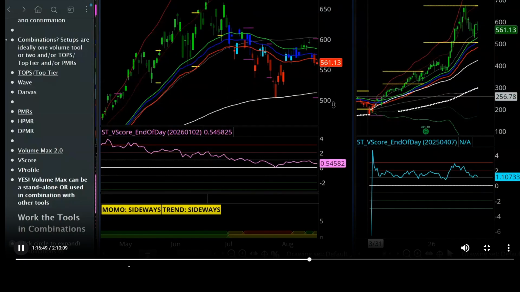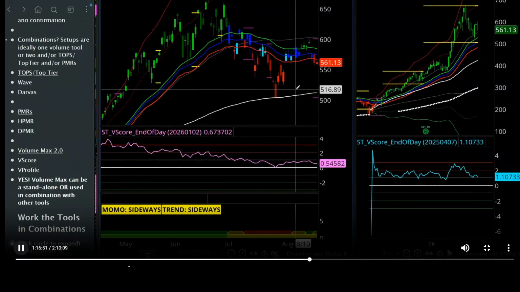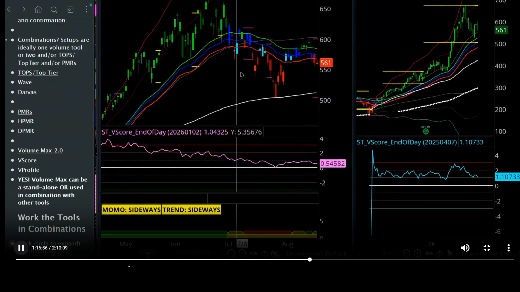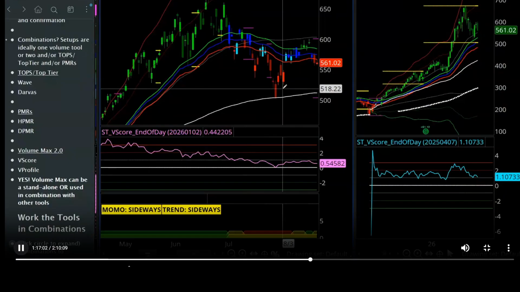One of the easiest ways to destroy your account is just guess at tops and bottoms, right? Just guess at those levels. So some of the cues here were probably a little bit more subtle in terms of structure changing. And as soon as structure changed, I'm not really looking to be an opportunistic buyer. I really am not.